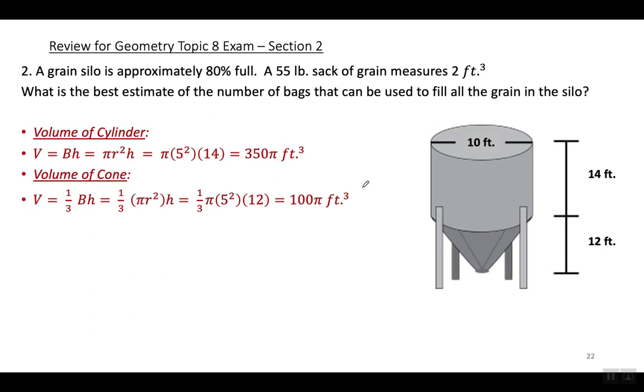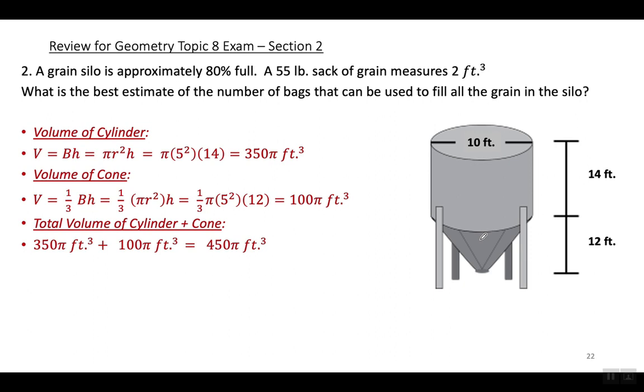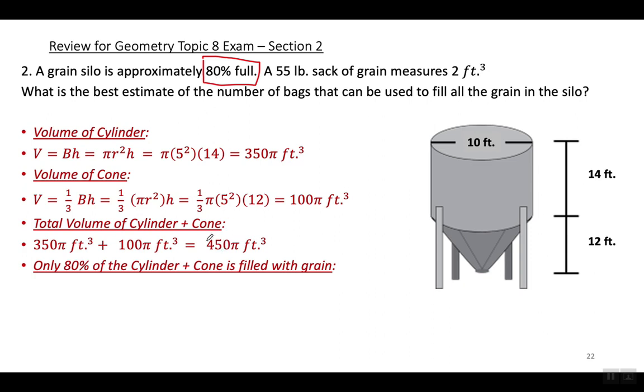Okay, now let's get the total volume of this composite figure by adding the volume of the cylinder plus the volume of the cone. When we add their volumes together, the total volume is 450 pi cubic feet. However, now, since this grain silo is only 80% full, we got to get 80% of the total volume.